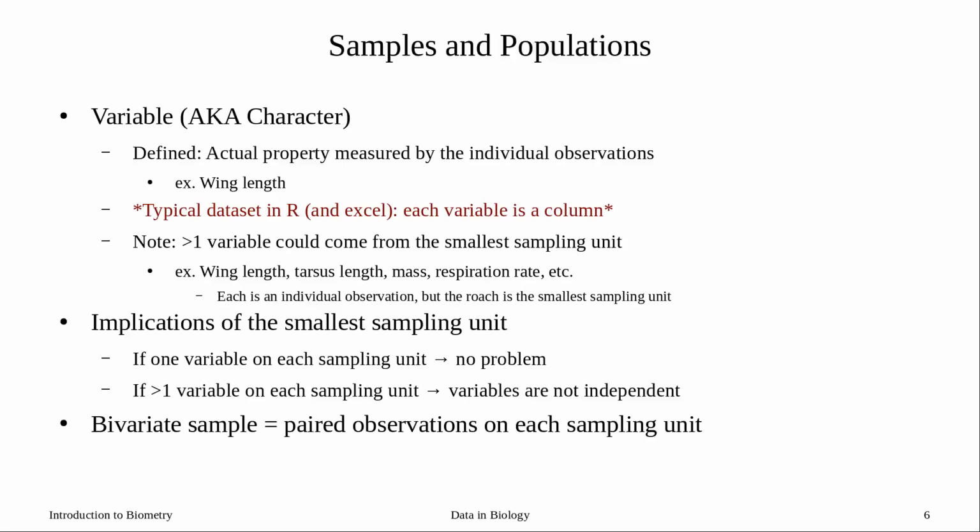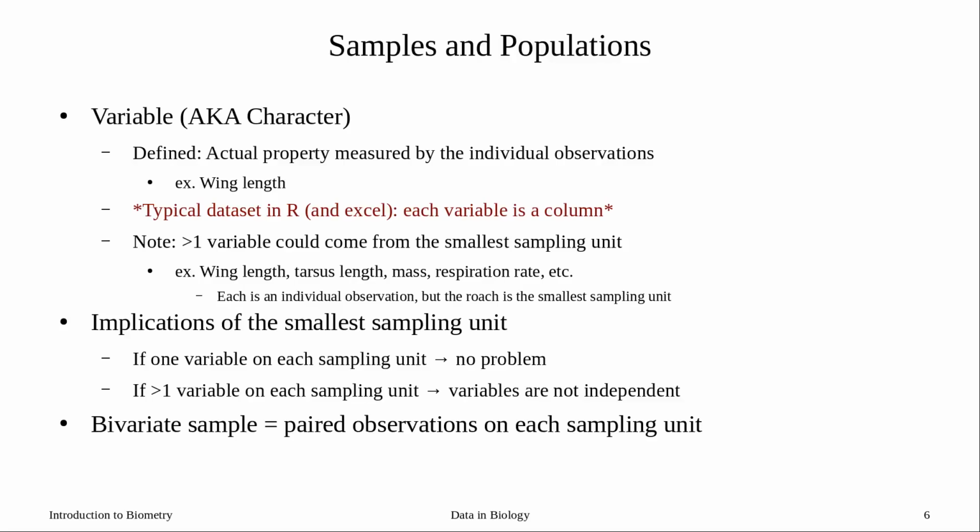Now, why do we worry about what the smallest sampling unit is? Well, it's because when we analyze our data, we assume that our data are random and independent of each other. One of the ways in which we ensure that is if we have one measurement variable per sampling unit.